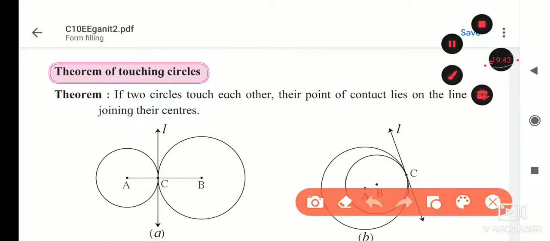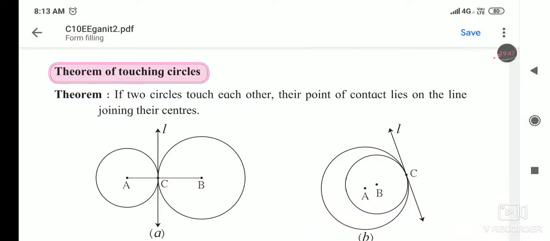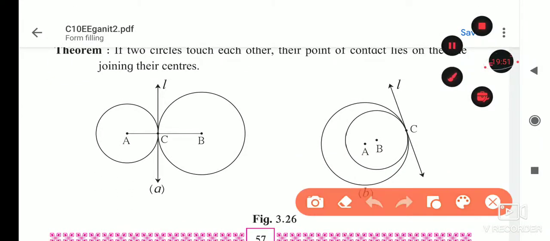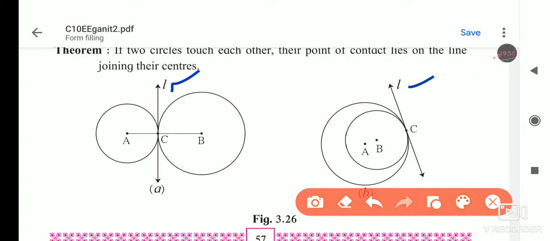This is the line L for both figures, and the common tangent passes through point C.